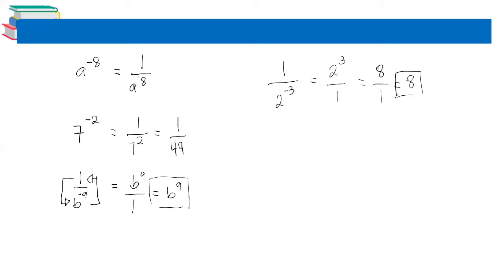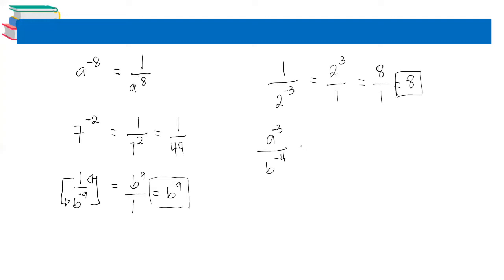What if our situation is like this? a to the negative cube over b to the negative 4. How are we going to simplify it to change our negative exponent to positive? It is the same process to change the sign: we need to reciprocal it.